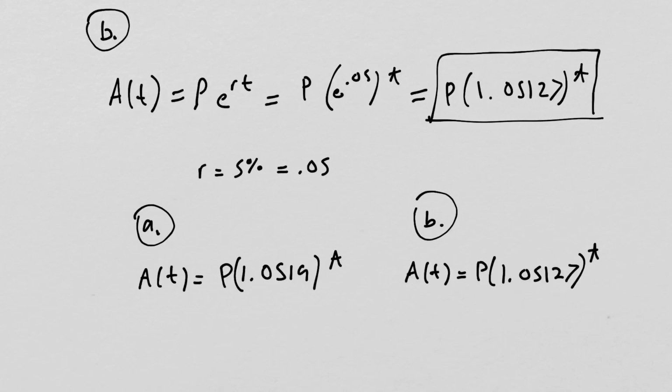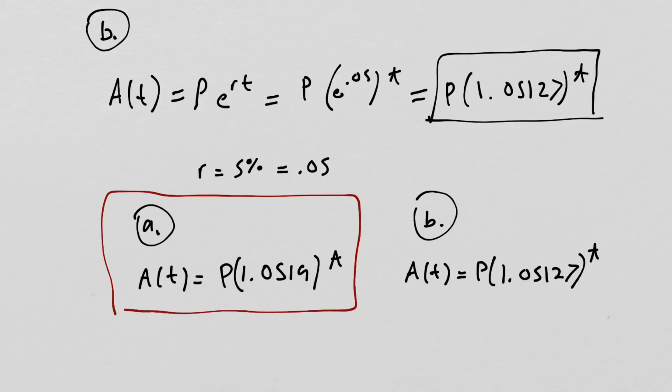So in this case, it's actually better to go with the smaller number of compounding periods but the higher interest rate. Part A is the better deal because we're still dealing with an exponential, and the base of this exponential is higher than the base in part B. So letter A is the better offer.